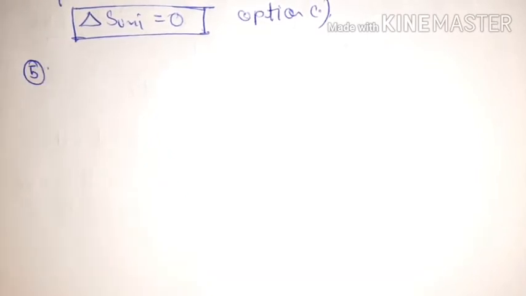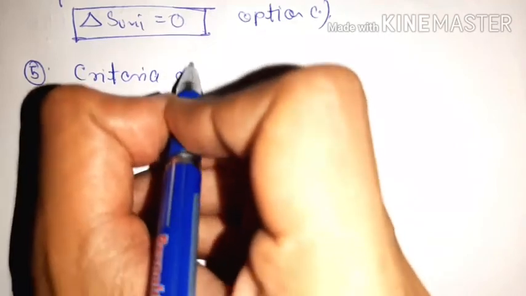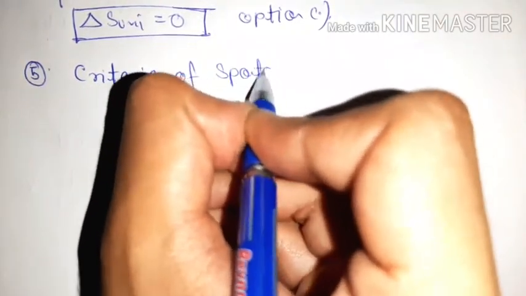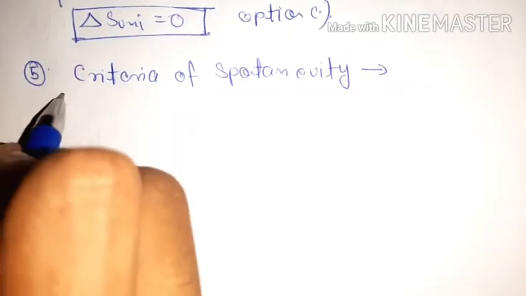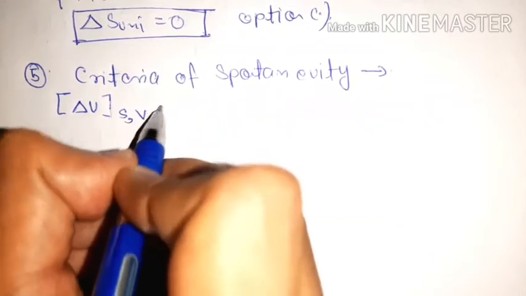So again, it is a very simple question which was asked in your TIFR GS 2019 exam. For the solution of this question, friends, you must know the criteria of spontaneity. In thermodynamics, the criteria of spontaneity come from your fundamental equations. The criteria of spontaneity says that your change in internal energy, delta U, at constant entropy and volume is less than 0.